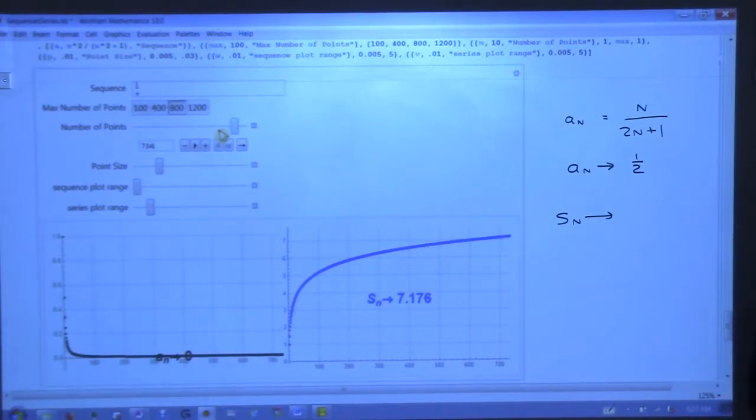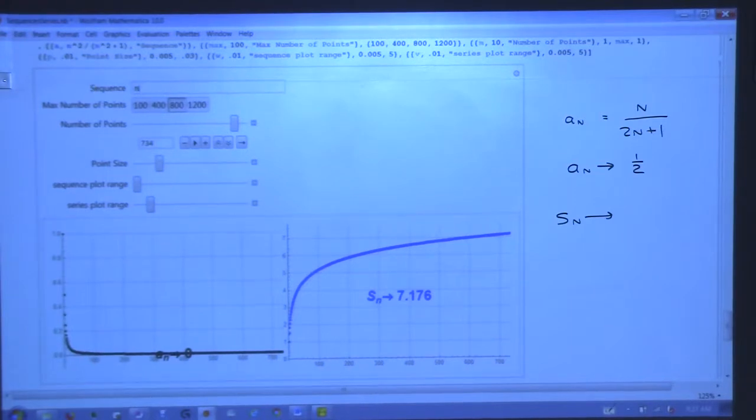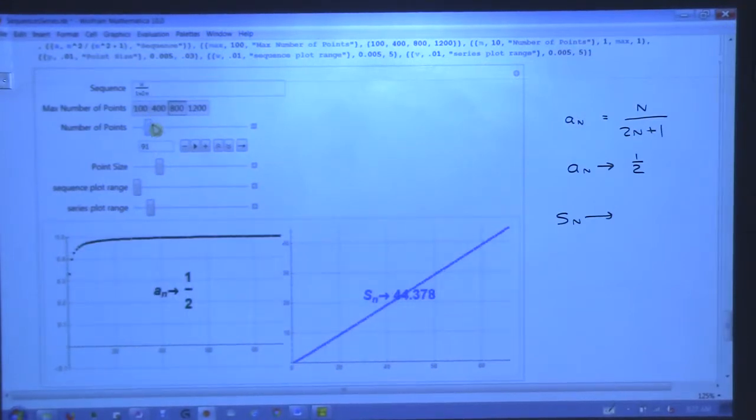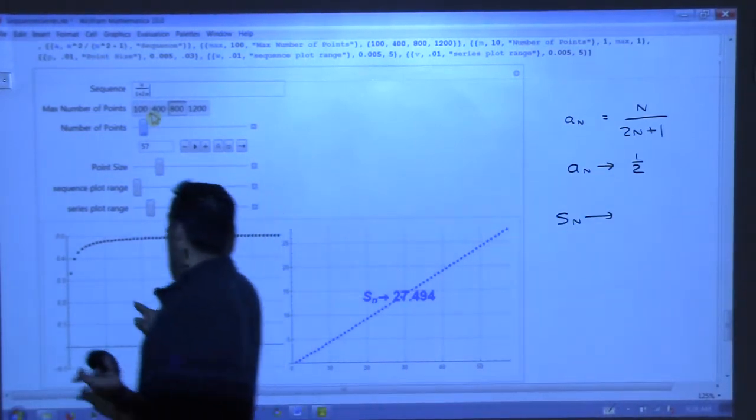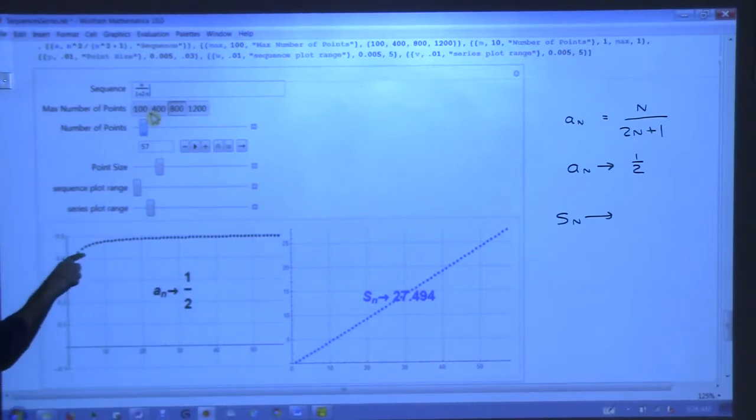Okay, let's take a look at it and see what it does. So this is going to be n over 2n plus 1. Well, take a look at this one. The sequence is converging to 1/2, right? But think about that.